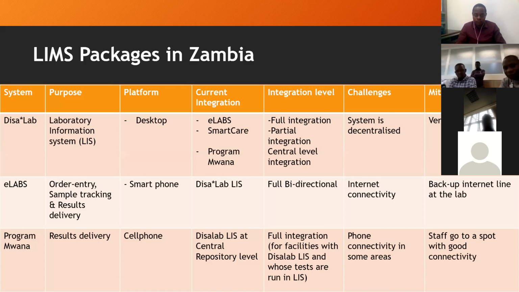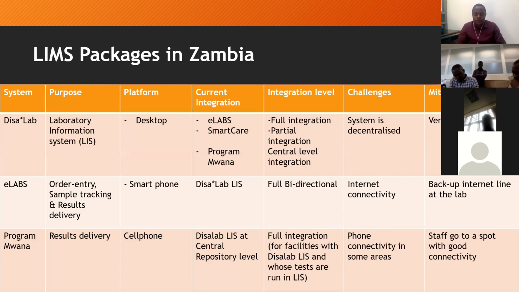This eLABS system, however, has a challenge of internet connection, where whenever we don't have internet connection, the app is halted. However, this is managed by the backup internet system at the lab. We also have the Program Mana LIS package, which is used for results delivery.